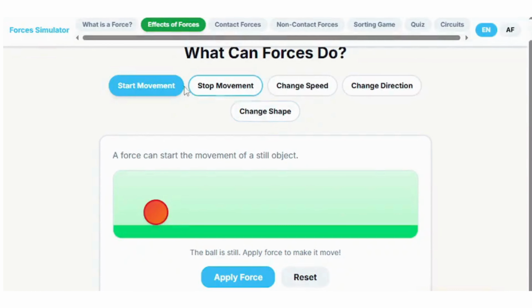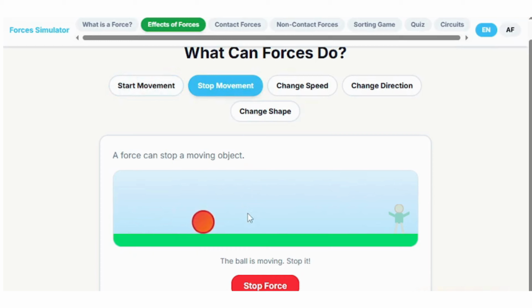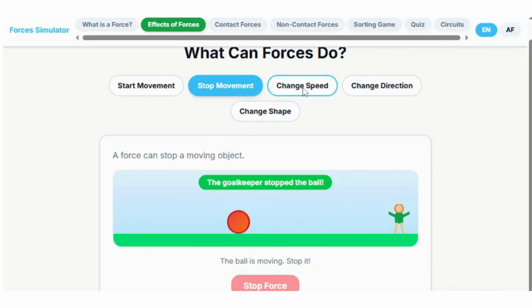Let's look at the simulation. What can forces do? The ball is still and we are applying a force to make it move. Next one is stop movement. The ball is moving and we are stopping it, or the goalkeeper is stopping the ball. Next one is changing speed.